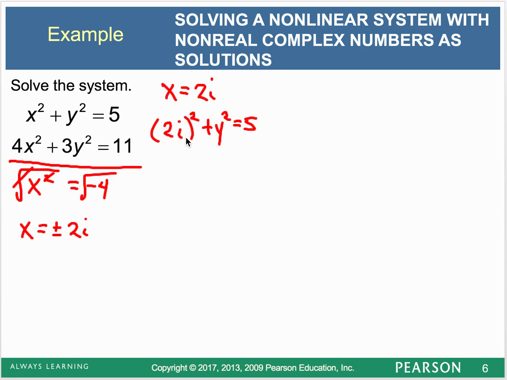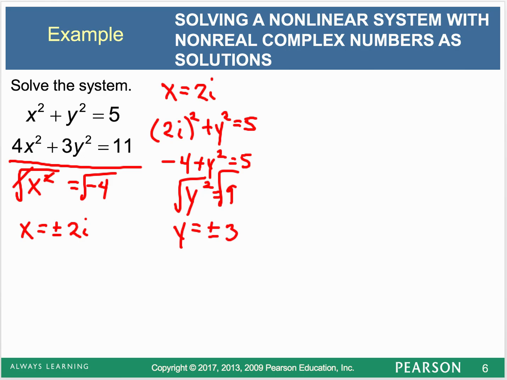Okay, remember every i squared is negative 1. So this would be negative 4, right? 2 squared is 4 times negative 1. So negative 4 plus y squared equals 5. Let's add 4 to both sides. So y squared equals 9. So y is plus or minus 3.